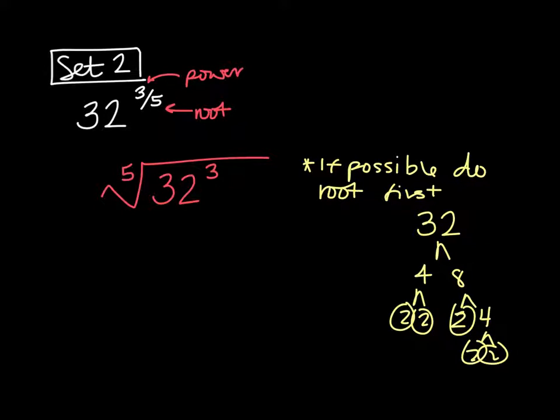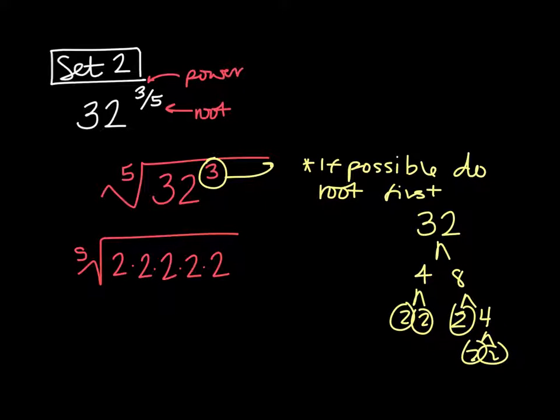And remember, we're going to write that out. So I've got the 5th root of, not 32 anymore, it's 2 times 2 times 2 times 2 times 2. And I'm going to move this power to the outside of the root symbol. That doesn't change anything. I'm just moving it out there for a minute.